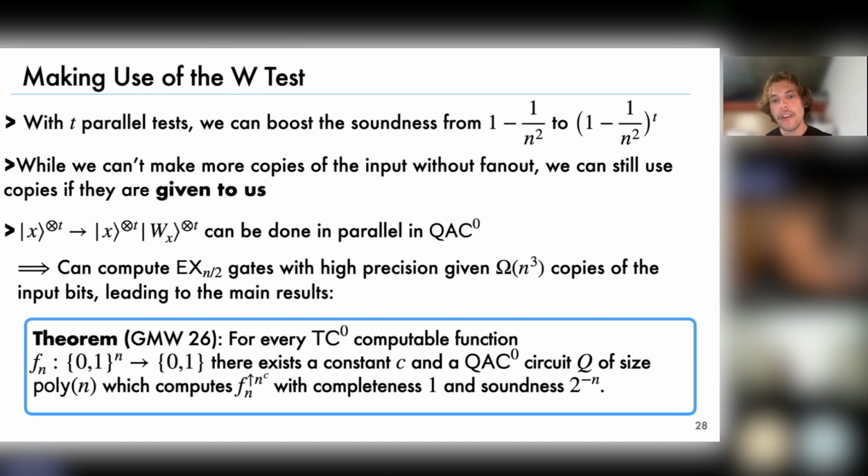And so if we're given some TC0 circuit, we can set up these W tests to compute exact n/2 whenever we need to, and then with sufficiently many copies of the input bits, we can compute exact n/2 with high precision, and then feed this forward in our simulation. And this is what lets us compute any of these TC0 functions with sufficiently many copies of the input bits.